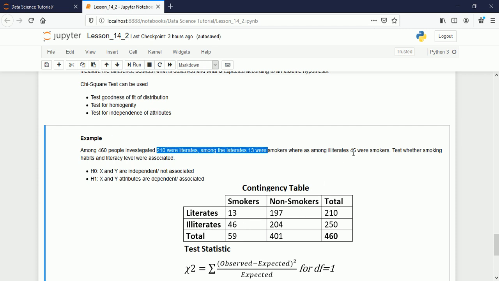There we have 46 people. If I put 46 here and subtract it from this, it gives me 204. This is the sum of these two numbers, and here we have the smokers total and non-smoker total.